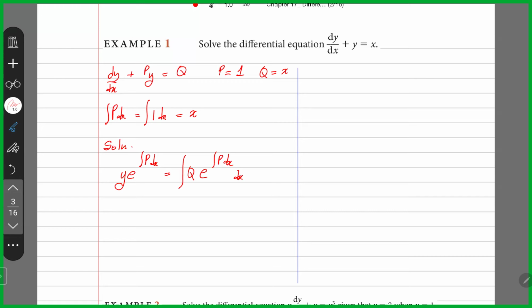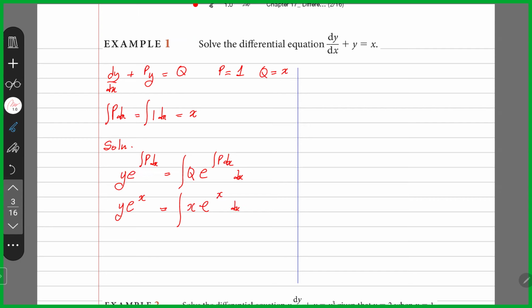The integral of p dx is equal to x, and this is equal to the integral of q, which is x, times e to the x, dx.